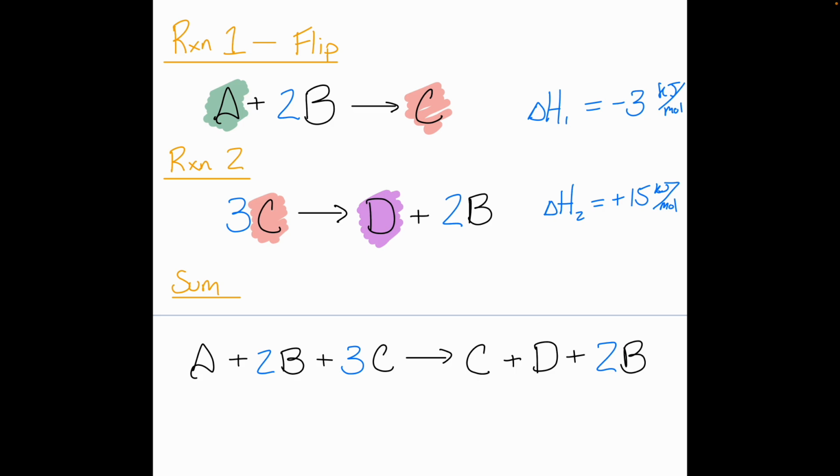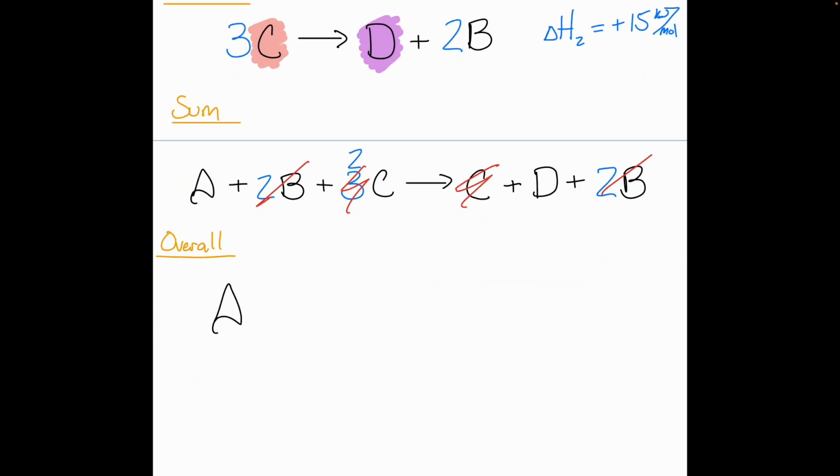So when I simplify, I get to cancel those B's out, and I get to cancel out one of those C's, so I'm left with 2. And so indeed now I have my overall chemical equation, A plus 2C brings me to D.